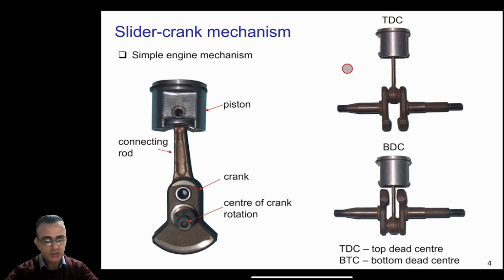This position of the engine is the uppermost position of the piston, because the piston is moving up and down. The bottommost position of the piston, which is this position here, is what we call the BDC, the bottom dead center. These are two important positions that you need to know in the case of this slider crank mechanism.